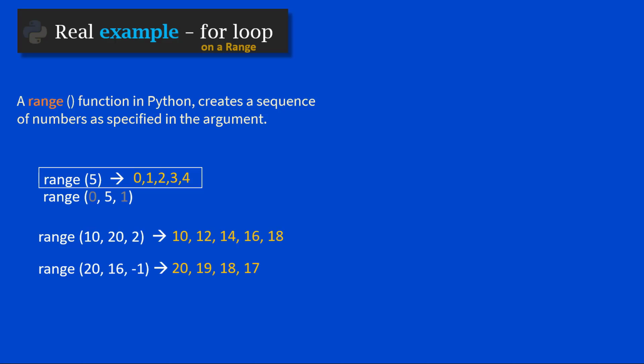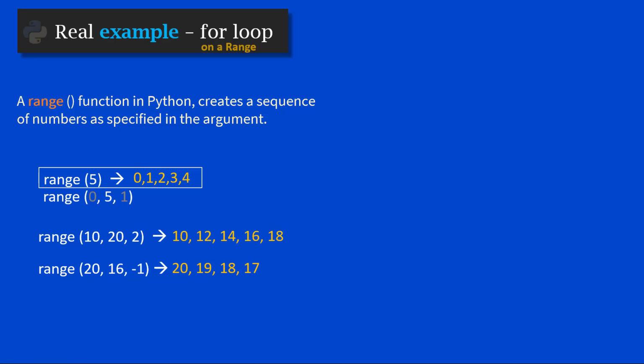Apart from defining a range in ascending order, you can also define a range in descending order. In this case, range starts from 20, goes till 16 but not including 16, with a decrement of 1, right? So the output will be 20, 19, 18, 17, and 16 will not be part of the range. I hope you understand.